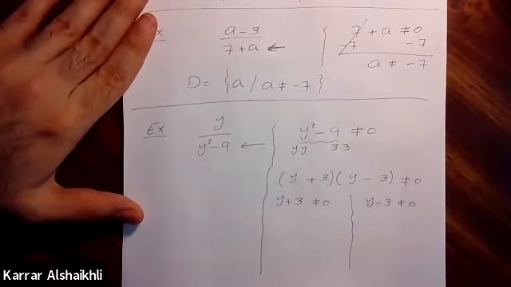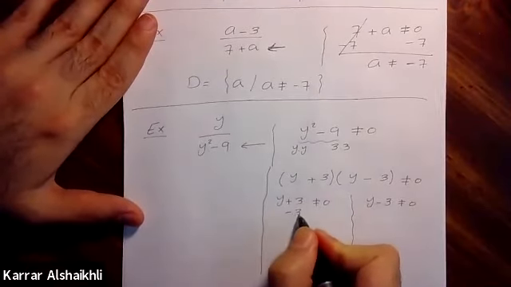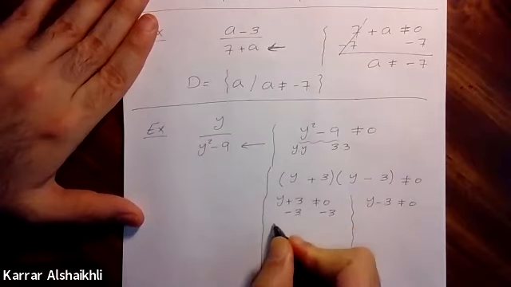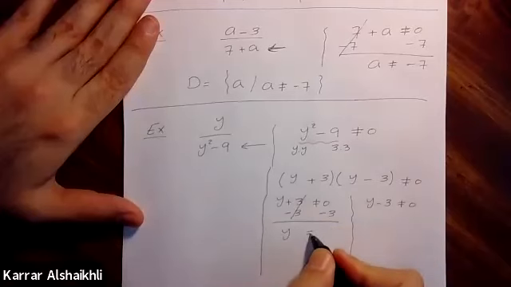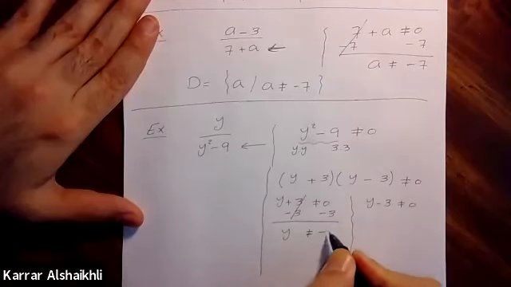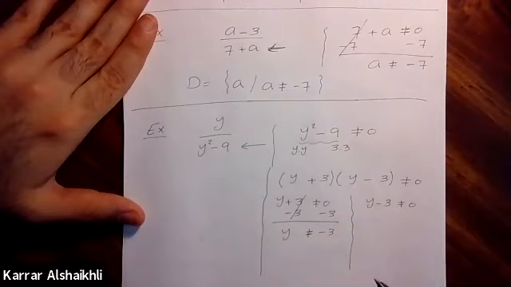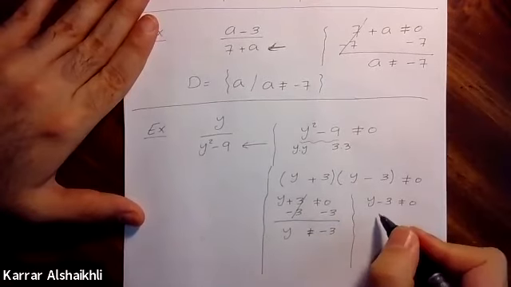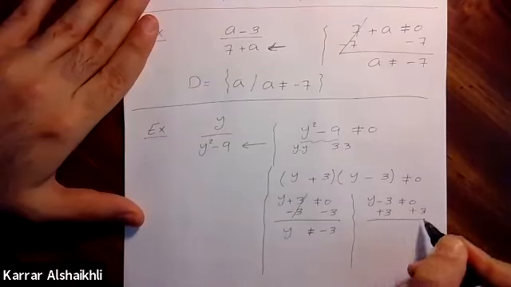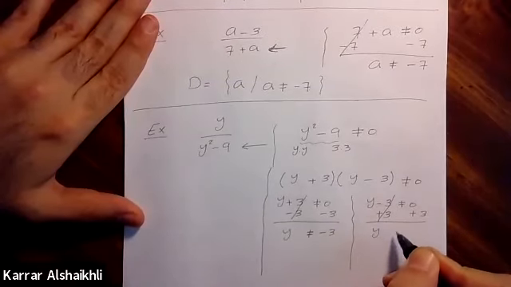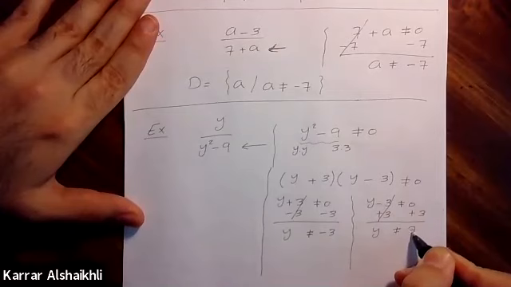How are we going to solve this one? You're going to subtract 3 from both sides. So y, because these cancel, is going to be not equal to negative 3. This is the first solution. On the other side, you're going to add 3, cancel these. So y is going to be not equal to 3.